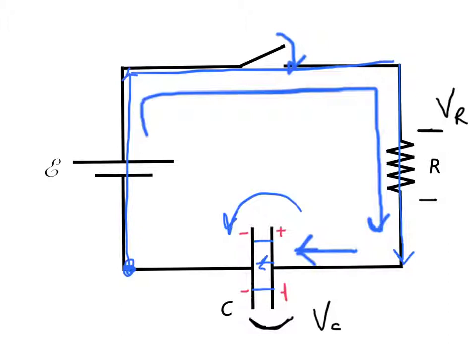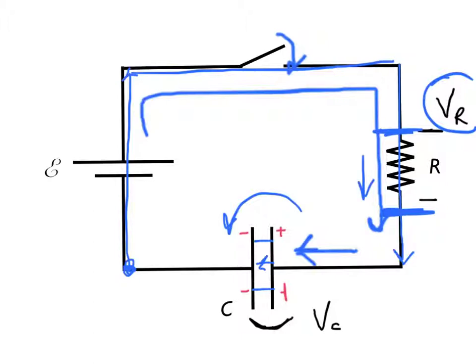So as we build up potential on the capacitor, that means the potential on the resistor has to be going down. When the potential on the resistor goes down, that's going to have an effect on the current, because when there's less voltage difference across the resistor, there's going to be less current.